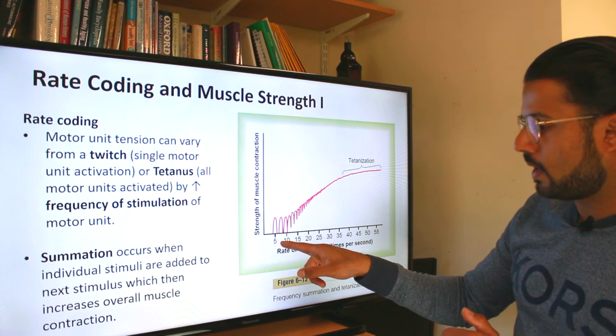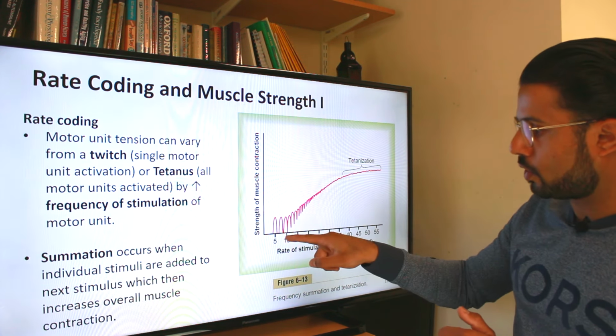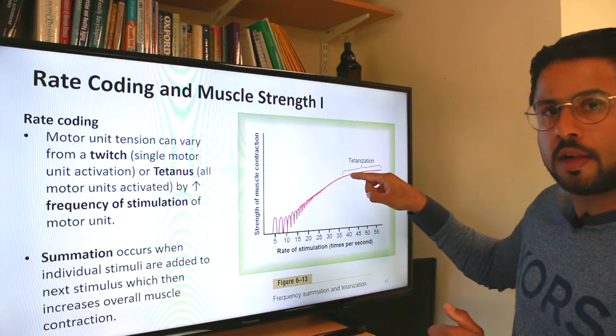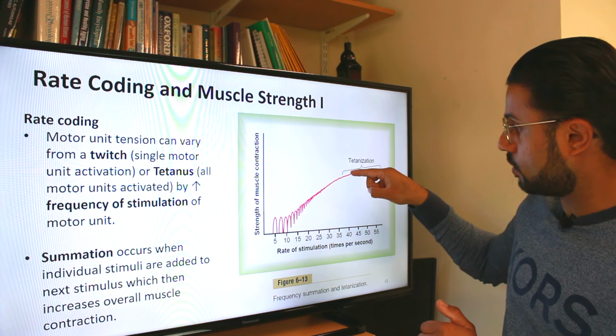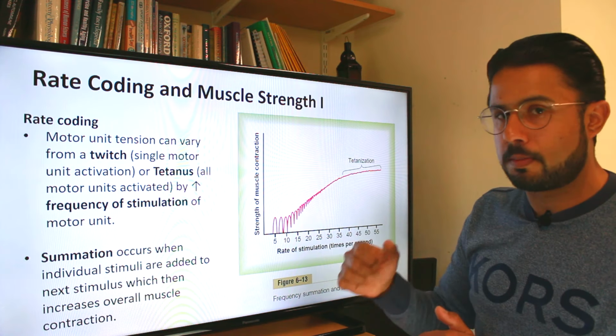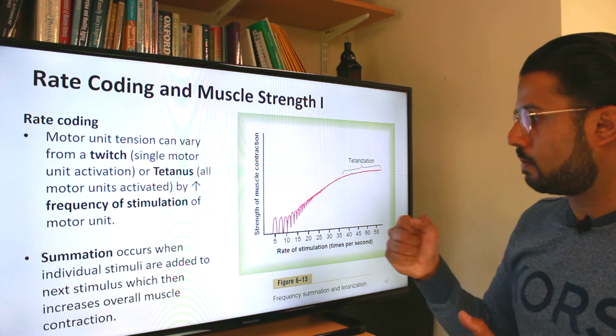So with training, and as you increase the summation of the signal, you go from having 5 twitches per second to having, say, 40 twitches or signals per second, so 40 electrical bursts through the motor unit to the muscle fiber, okay, and that will increase the contraction of the muscle and the strength of the contraction as well.